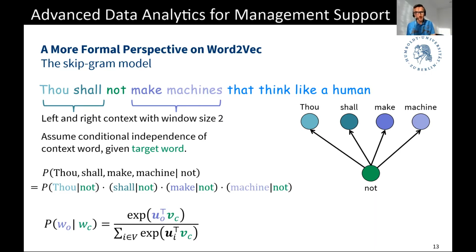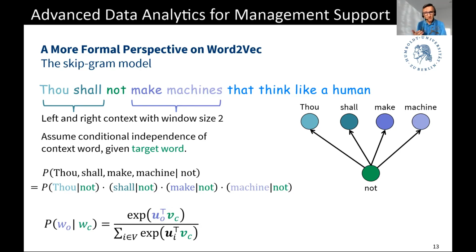It will trigger a bunch of output words. Their number depends on our context window, but provided we assume conditional independence of the context words given the target word, it's fine for us to focus on the individual ones and try to work out one of these probabilities, P of WO given WC.